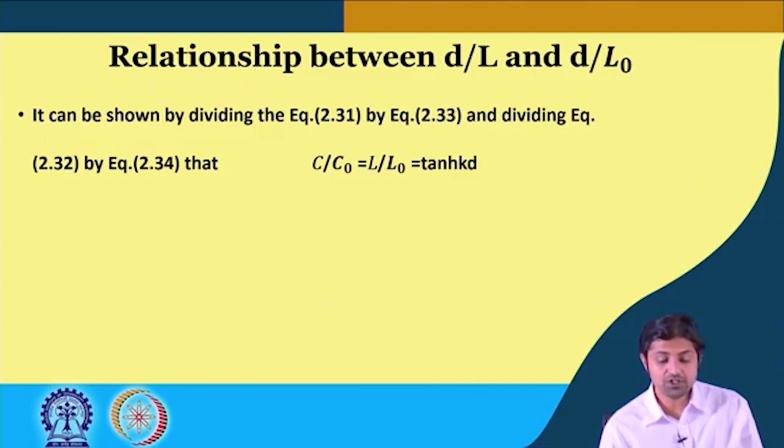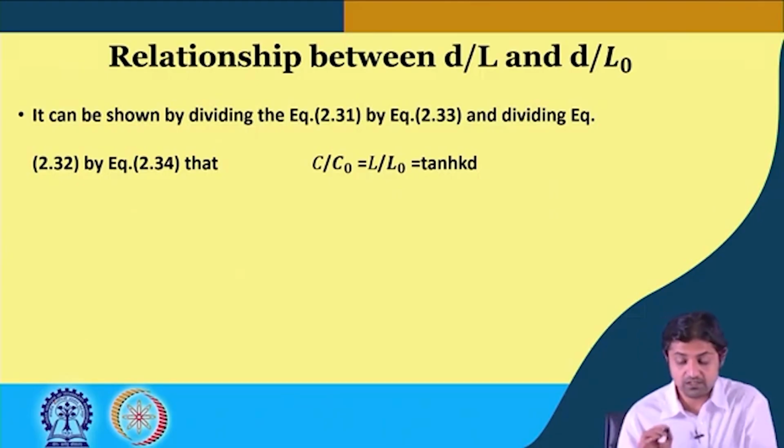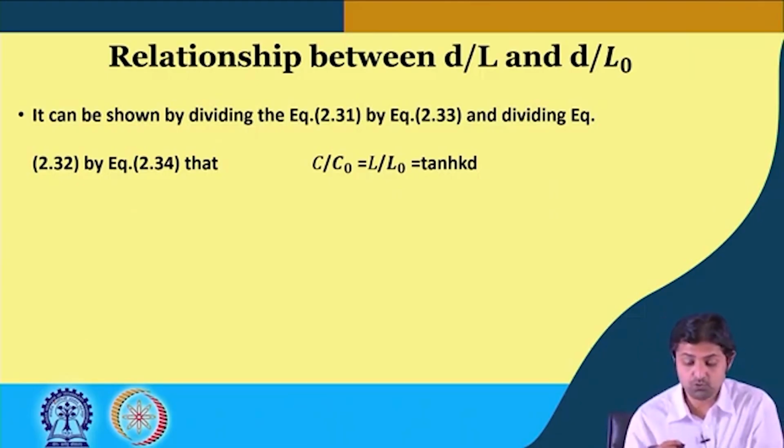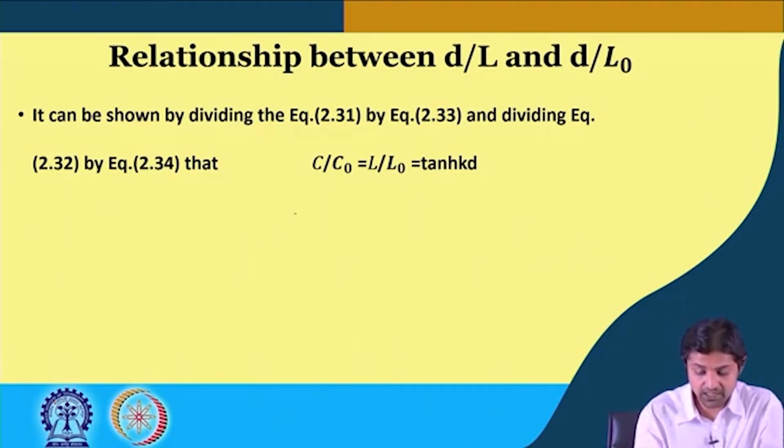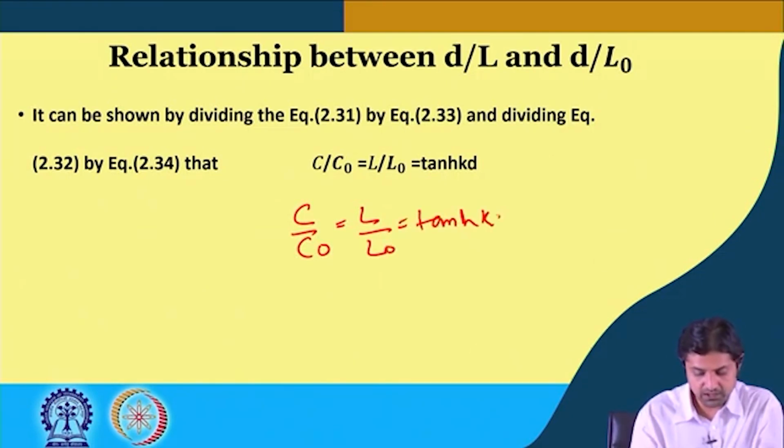Now, the relationship between d by L and d by L naught. If you divide equation 2.31 by equation 2.33 and equation 2.32 by equation 2.34, we can simply get the following. 2.31 and 2.32 are the equations for the general form, and 2.33 and 2.34 were those of deep water. So, if we divide those, we can get c by c naught is equal to L by L naught is equal to tanh kd. All right.